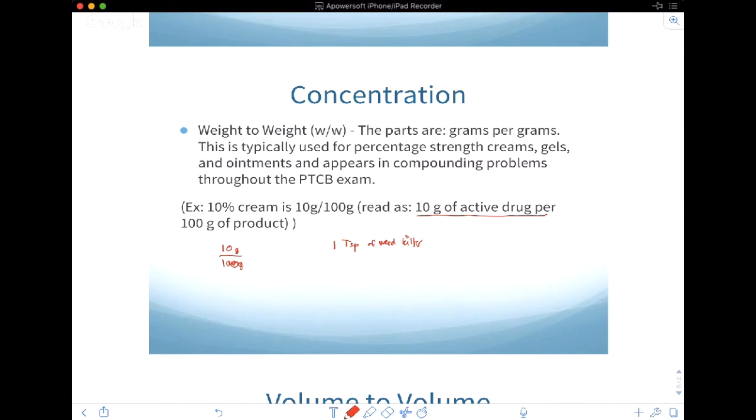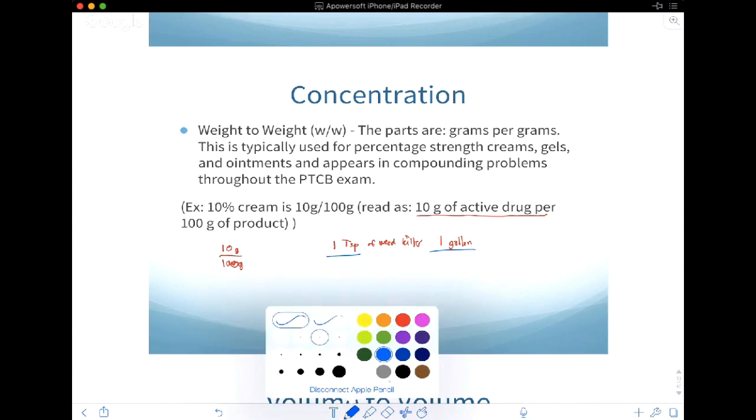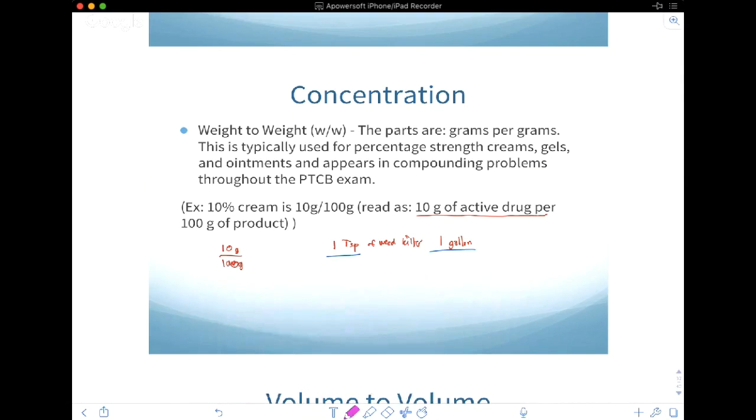into 1 gallon of water. Well, first we see that there are 2 different units, a teaspoon unit and a gallon unit, but we want the units to be the exact same. I don't know how many teaspoons are in a gallon, but I do know how many milliliters are in a teaspoon. There are 5 milliliters in 1 teaspoon, and there are 3,785 milliliters in a gallon.